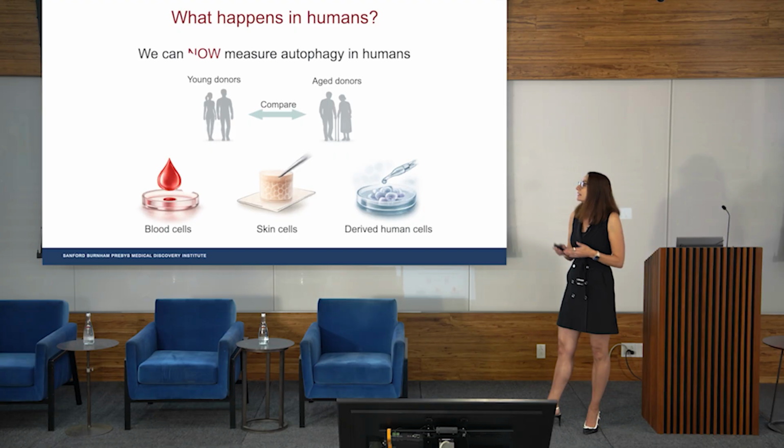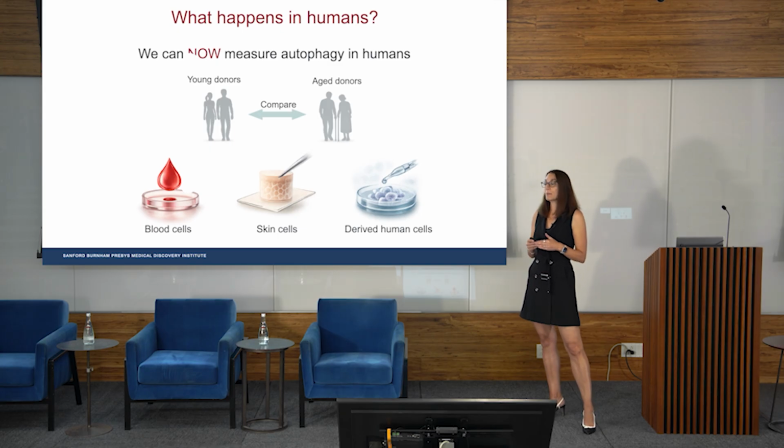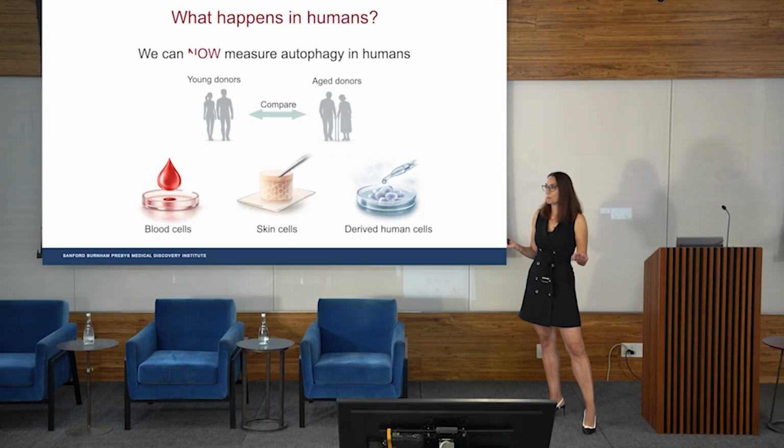We can also take skin cells from donors that are either young or old, and we can measure this process. And then we can also make different human cell types out of the skin cells to measure and see what is happening in, for instance, neurons that we're making out of these. And what we have found is that in blood cells, there are differences between young and old humans in autophagy.